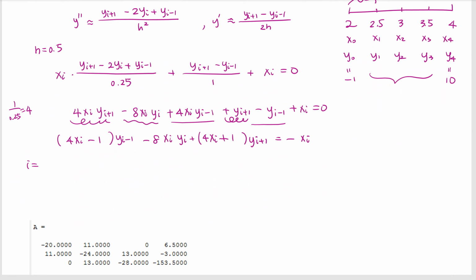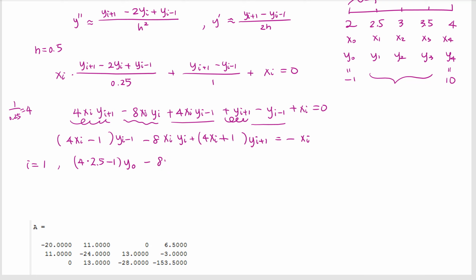Because i equals 1, we have 4 times x1, where x1 is 2.5, minus 1, and this is y(i-1), so y0.